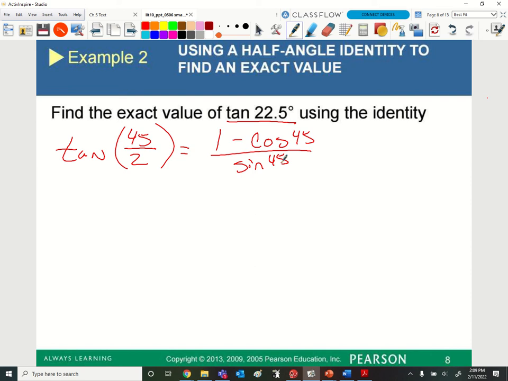At 45, 1 minus cosine at 45, rad 2 over 2, divided by rad 2 over 2. Let's separate them: have rad 2 over 2 over rad 2 over 2 to make it 1, and then have the 1 over rad 2 over 2. Yeah, that would work.